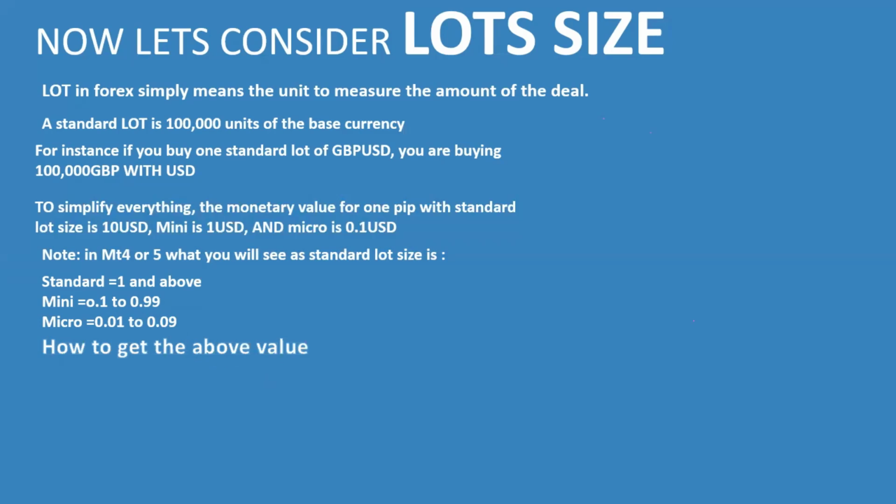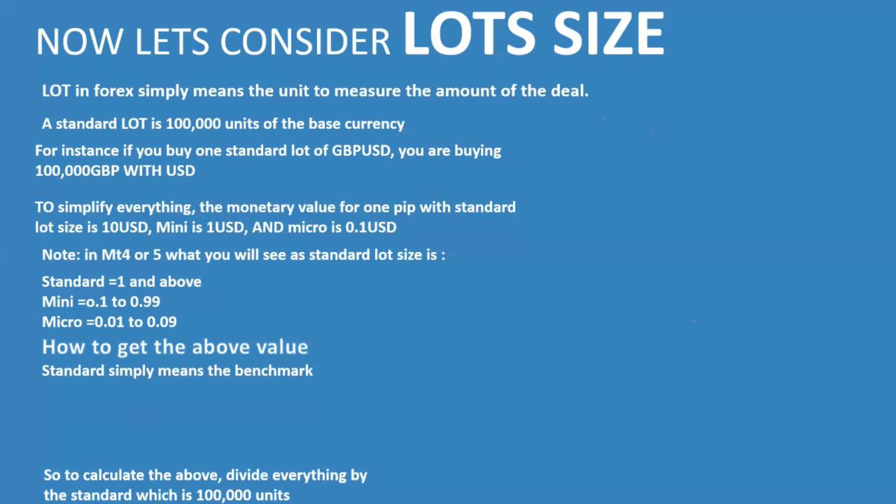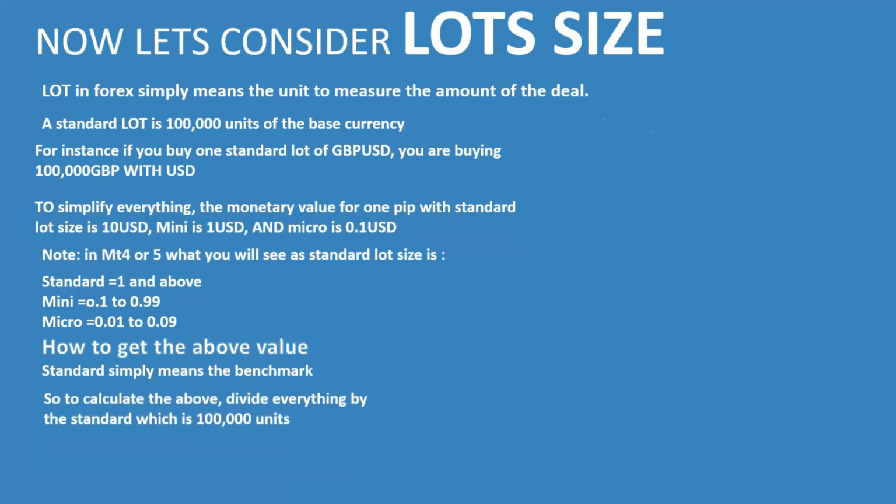How to get the above value? Standard simply means the benchmark. So to calculate the above, divide everything by the standard, which is 100,000 units. For standard lot, 100,000 units divided by 100,000, the benchmark, you get 1.